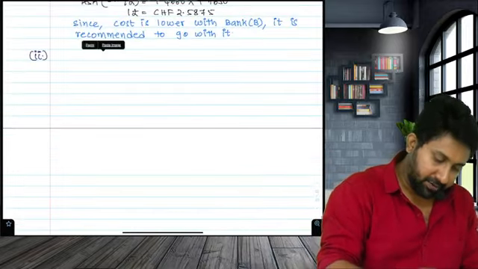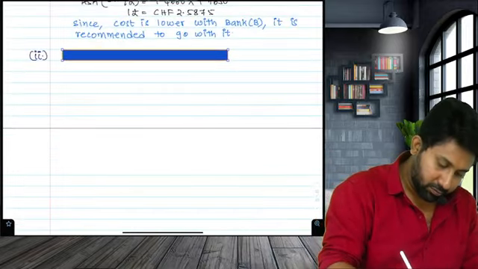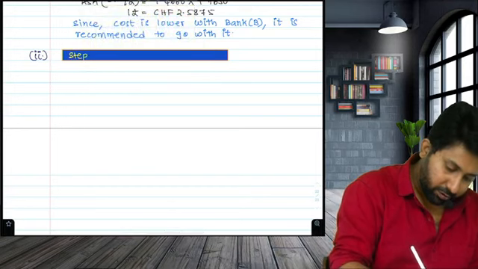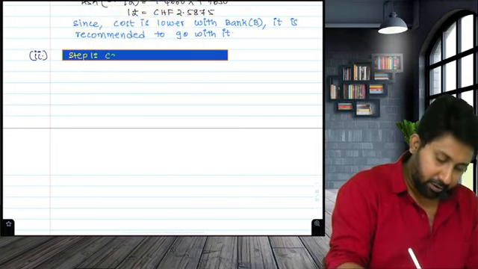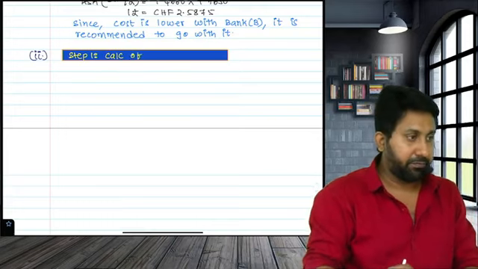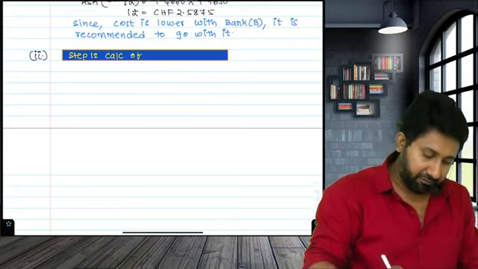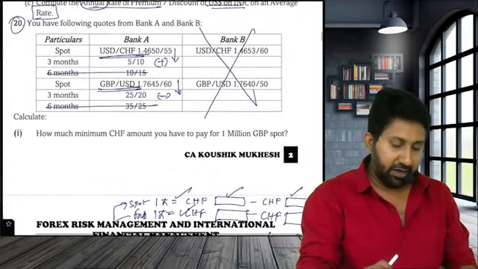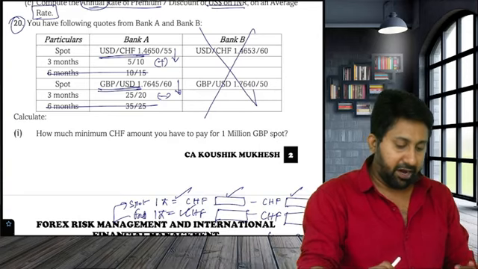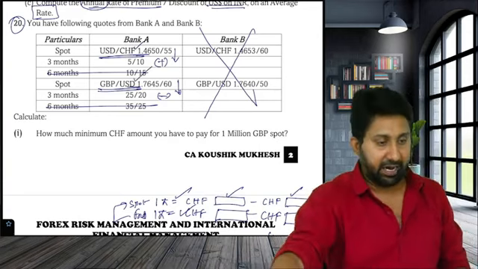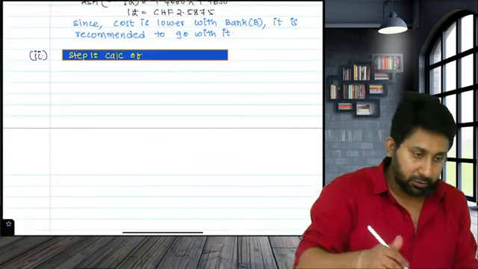Write down step by step. Step 1, calculation of forward rates. So first we require forward rate for the first one, forward rate for the second one.